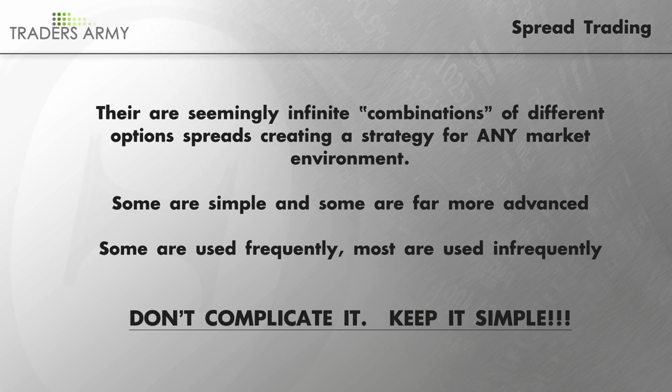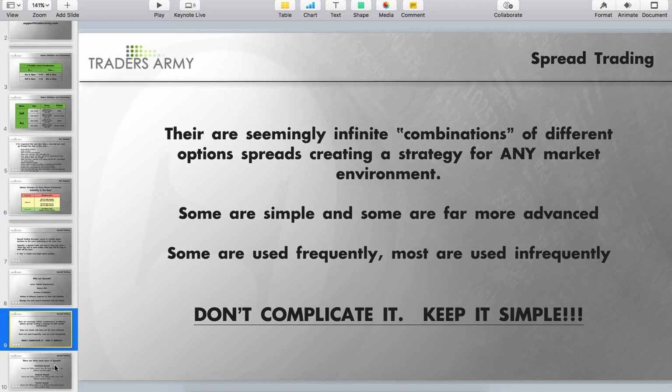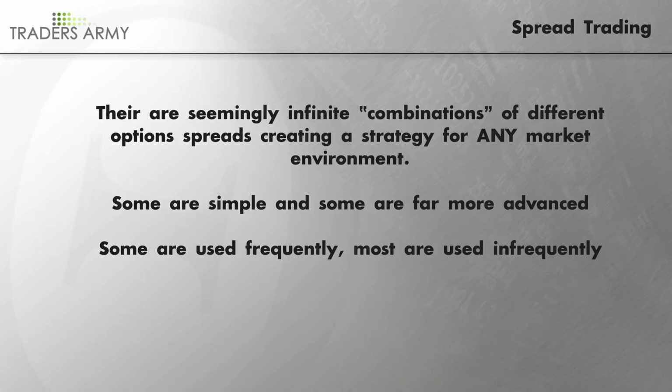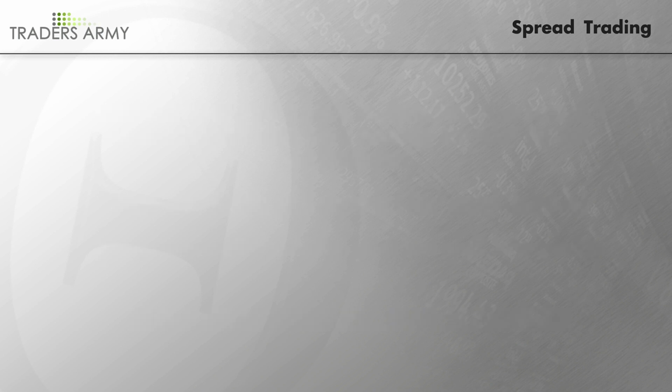Okay, so we are going to do what we can to keep everything simple. It is up to you when you're at your house, spread trading on your own, with your own account, to also do what you can to keep it simple and follow the rules. This is where having a checklist makes a lot of sense. Now, understand that options trading can be complex. It can be complex, no question, but it doesn't have to be complicated, okay?